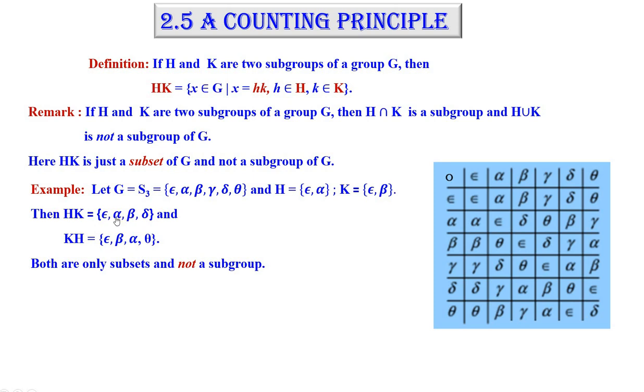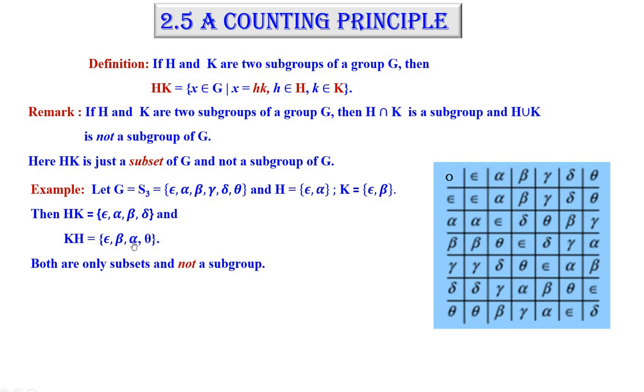When we consider alpha beta, we are of course getting delta. But when you consider beta delta, it is gamma that is not present. So closure fails. So this cannot be a subgroup. It is only a subset.